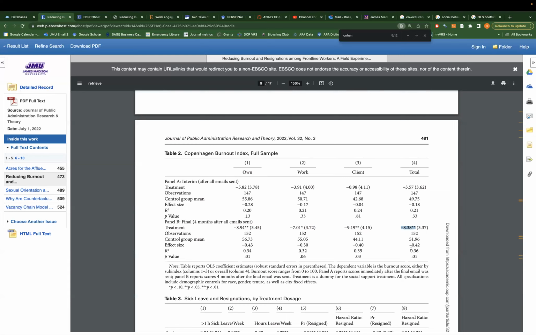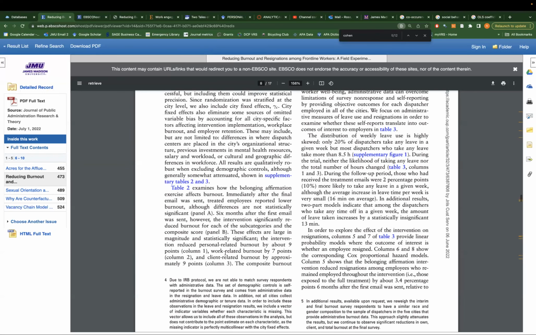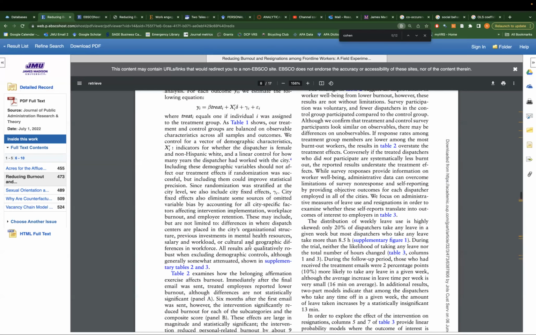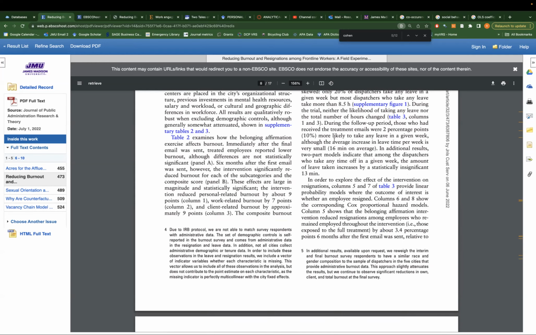So a 1 unit increase in standard deviation of your X equates to a certain standard deviation change in your Y. But in our case, these are just raw scores, so it's 0 to 100. Okay, but let's keep reading and understanding what they say by looking at their actual results section.